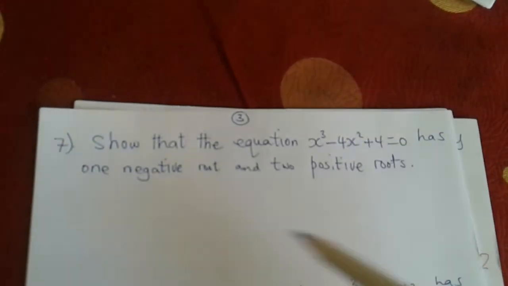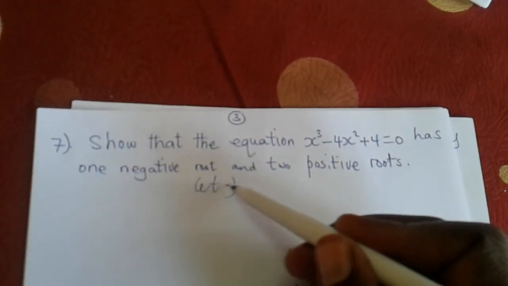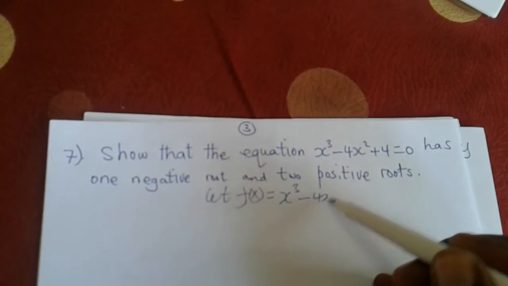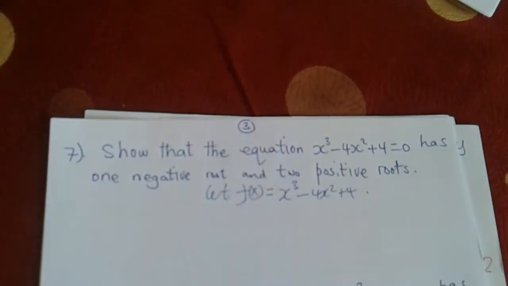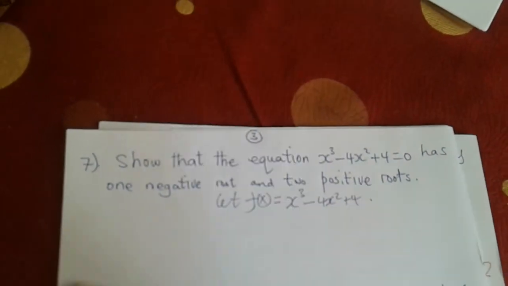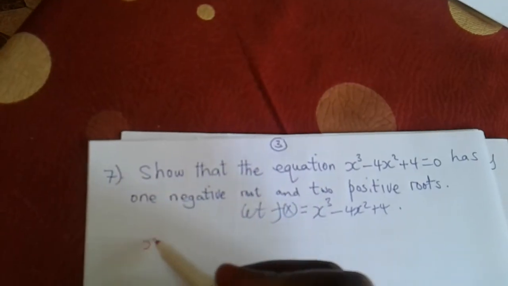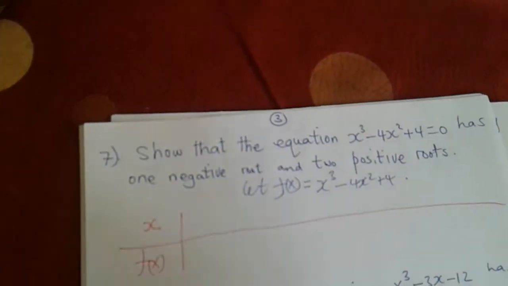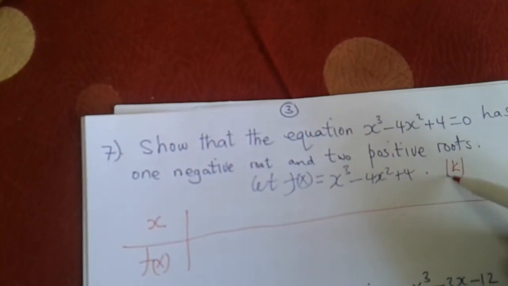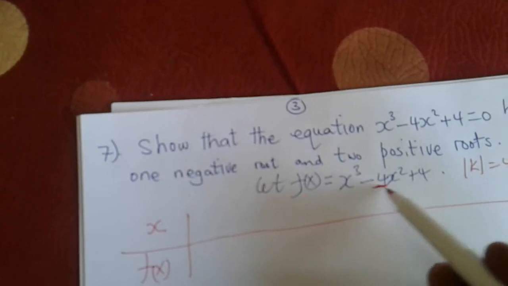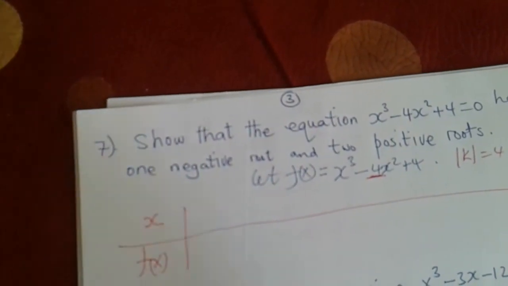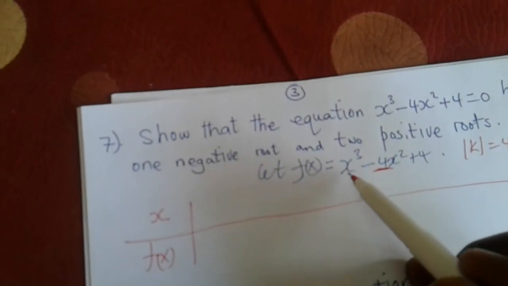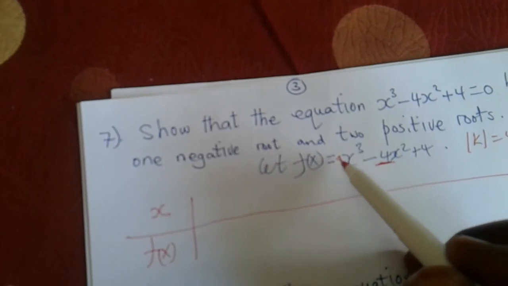The same approach: you let f of x be equal to x cubed minus 4x squared plus 4, such that a table of results is drawn, x, f of x, and similarly our k is 4. As you can see, the biggest coefficient is 4, and the coefficient of the highest power of x is 1.